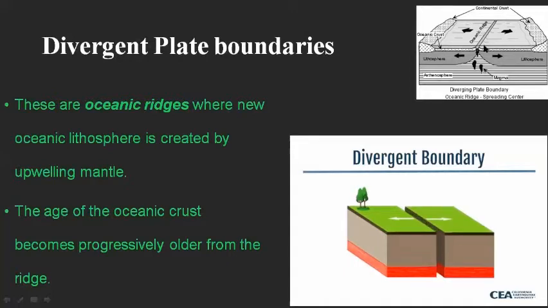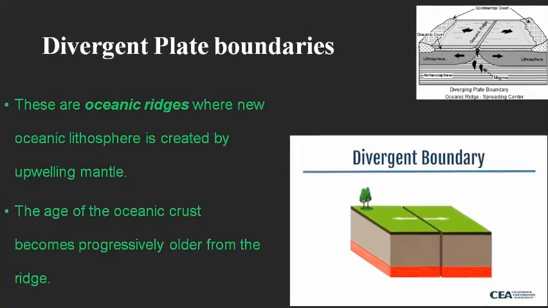This magma goes to either side, see these two arrows. As it goes to either side, what is created? Oceanic crust is created, so new oceanic lithosphere is created.